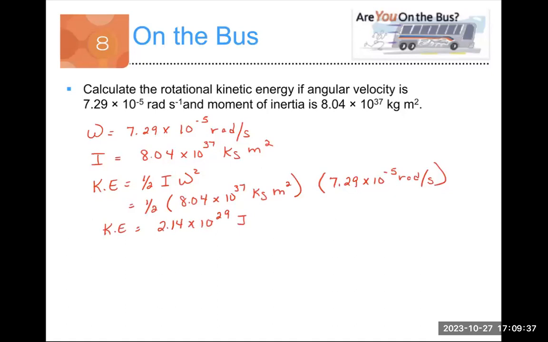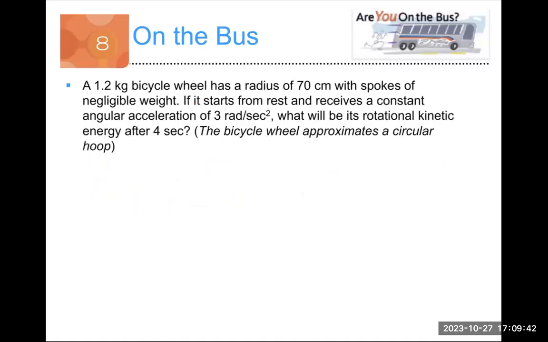Okay. In our next sample problem, we have a 1.2 kilogram bicycle wheel. So we know our mass is 1.2 kilograms. It has a radius of 70 centimeters, spokes of negligible weight.